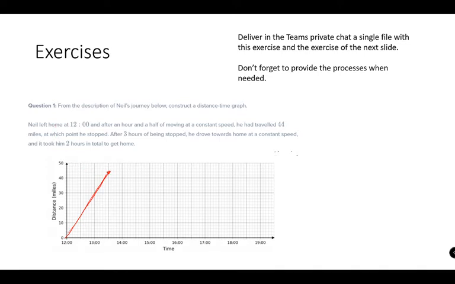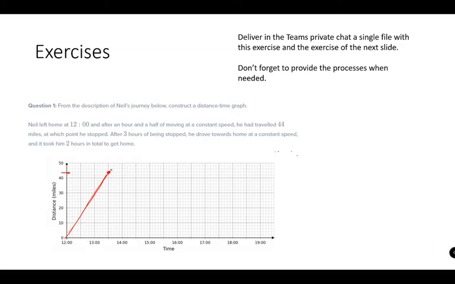So he stopped here. After 3 hours of being stopped, so he didn't move for 3 hours. So he stood here in this place for 3 hours. If every single one of these squares is half an hour, because look, this is an hour, this is half an hour. So let's count 3 hours.